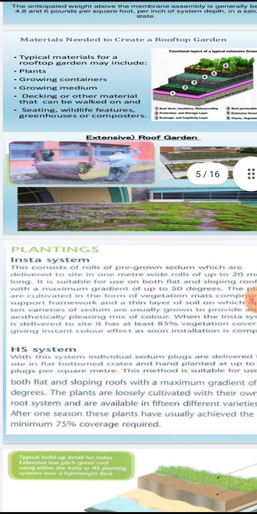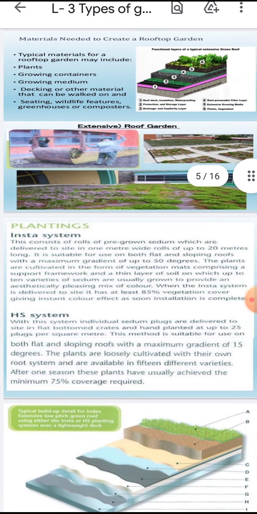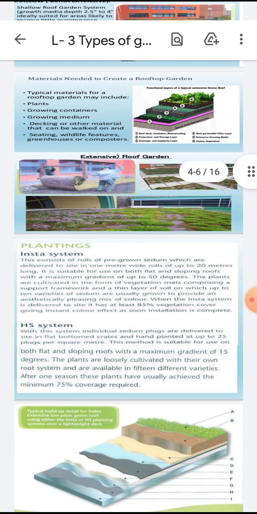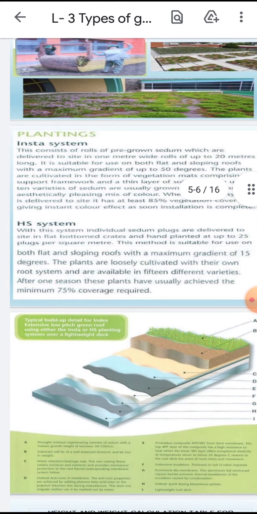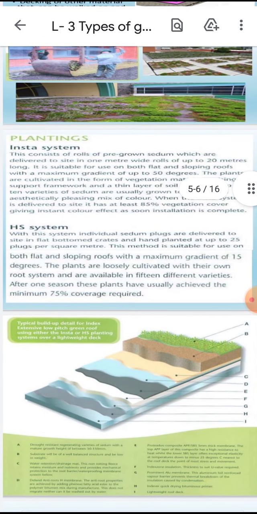Secondly, in the roof garden, you are observing there are certain systems. These are two systems: one is the Insta system and the second is the HS system. So what is Insta? It consists of rolls of pre-grown sedum, the small plants.